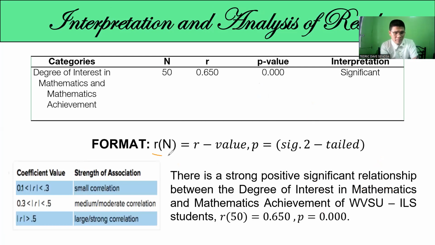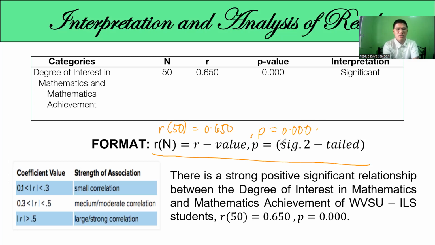Of course there is a format. R with 50, is equal to the R value 0.650, comma, P is equal to 0.000. It will be at the last.